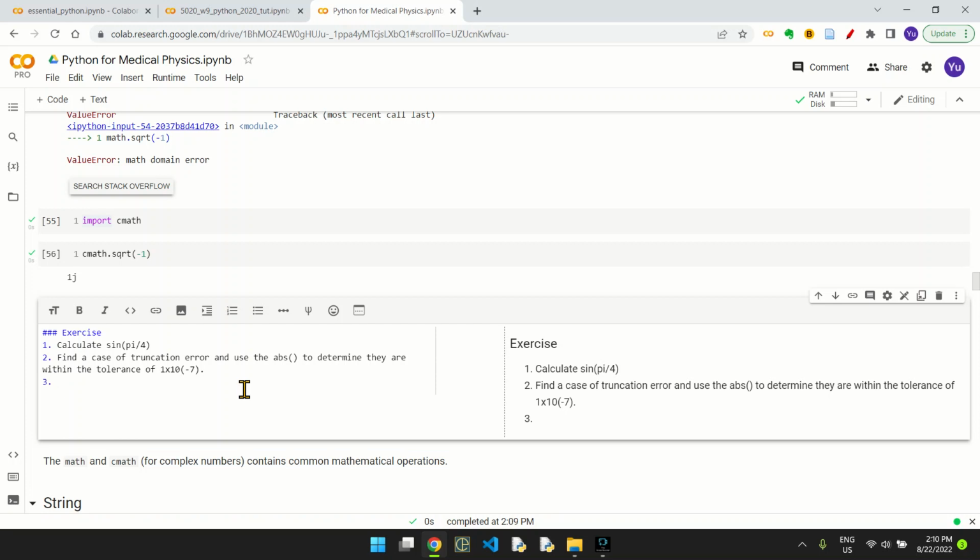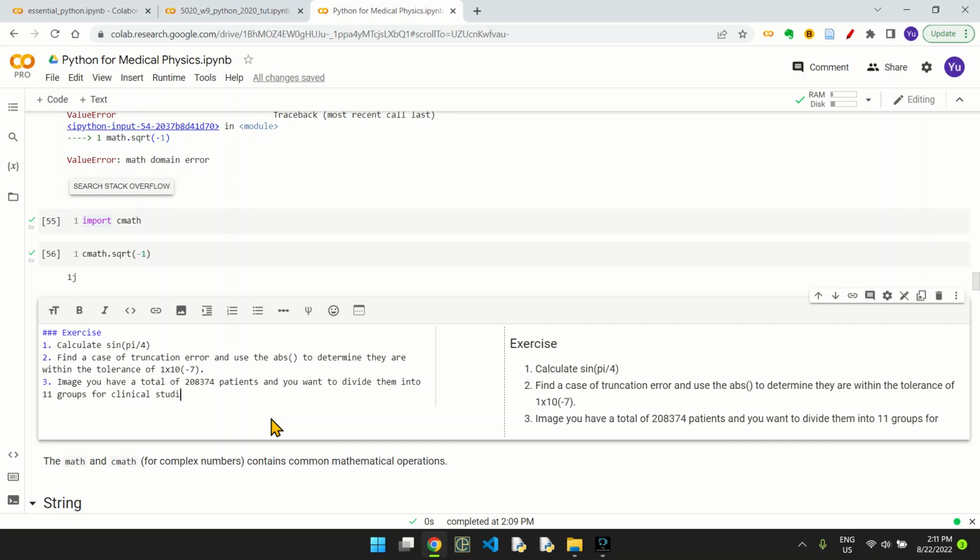Okay, and the last one is, imagine you have a total of that number, I just made it up, of patients, and you want to divide them into groups for clinical studies.